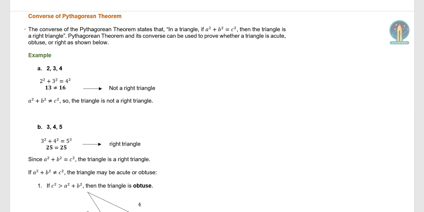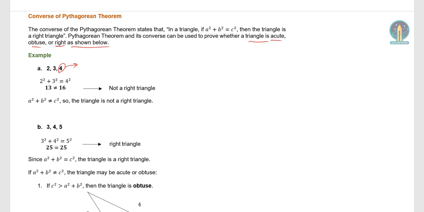Pythagorean theorem and its converse can be used to prove whether a triangle is acute, obtuse, or right, as shown below. Let's look at this example. So we have 3 side lengths in a triangle, right? And we need to test them to determine whether the triangle is right, or acute, or obtuse, etc. So we can take the larger side and assume that this may be the hypotenuse, right?